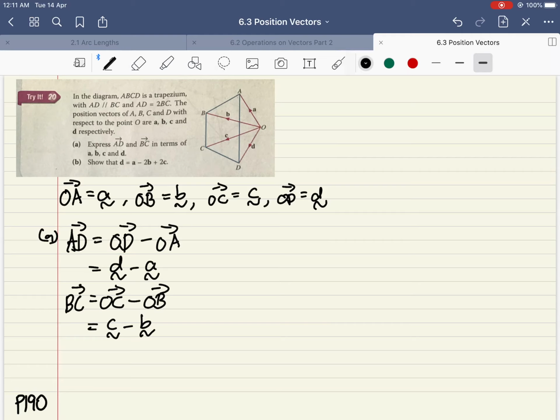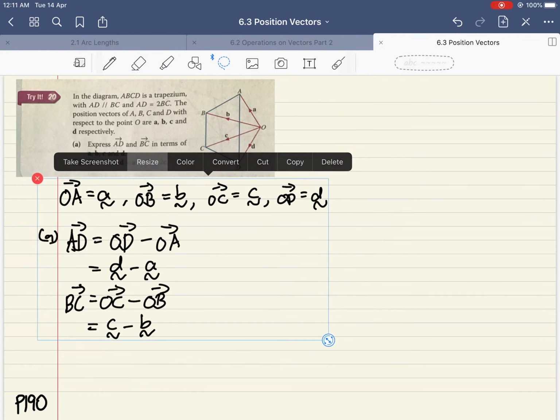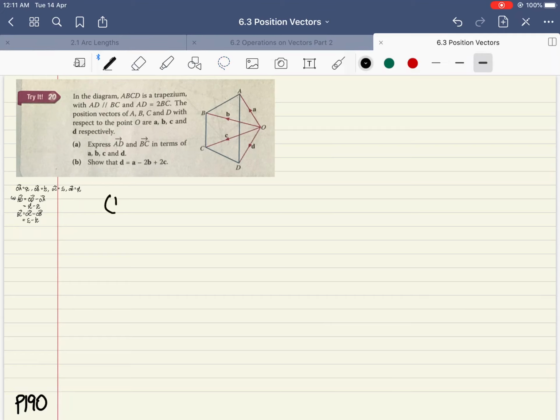Now for part B, we have to show that the vector D equals A minus 2B plus 2C. I'll take some time here. I'll shrink this so that I have more space to work with. For part B, they don't really give you very many clues. But there's a piece of information we haven't quite used yet, which is AD equals 2BC.